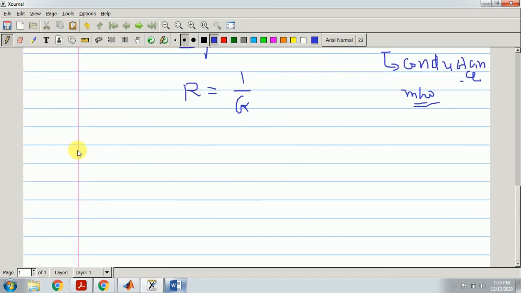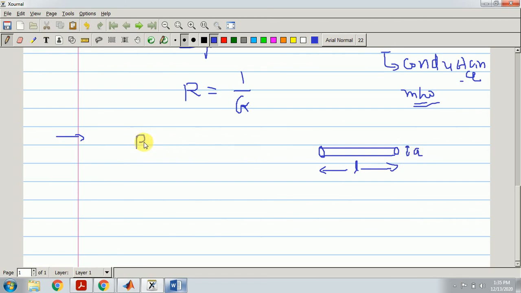So let's talk about how you can calculate the value of the resistance for any conductor. Ultimately this resistance depends upon two parameters: one is length and another is cross section area. How is it related?